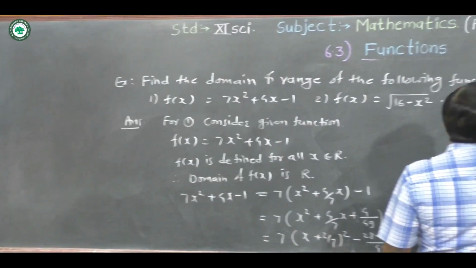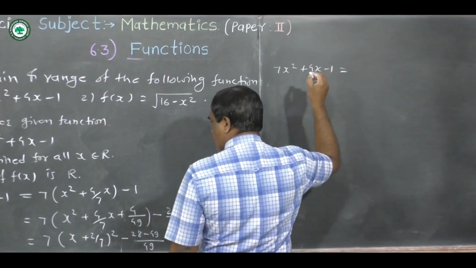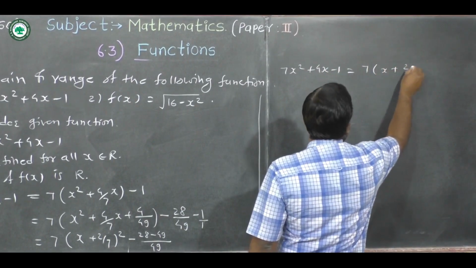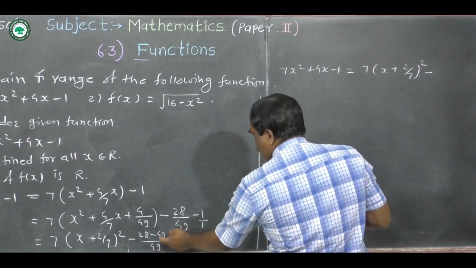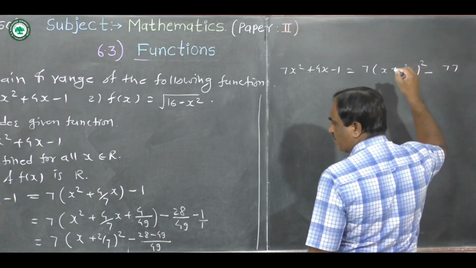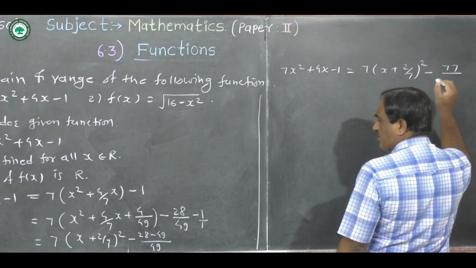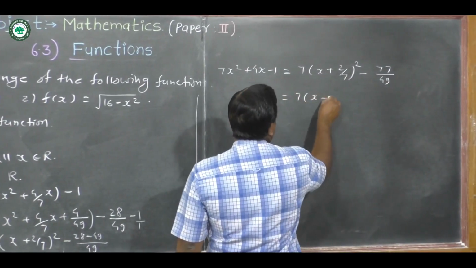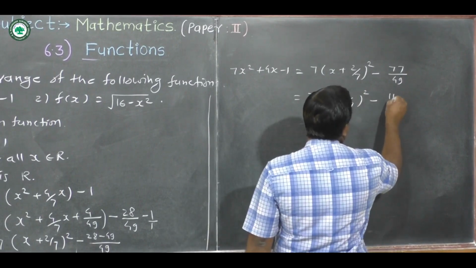That is, we can write again 7x square plus 4x minus 1 is equal to 7 into x plus 2 by 7 bracket square minus, adding these two terms, 77 upon 49. That is, again we can write 7 into x plus 2 by 7 bracket square minus 11 upon 7.